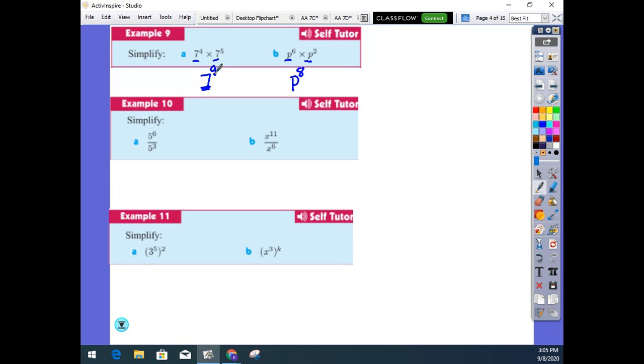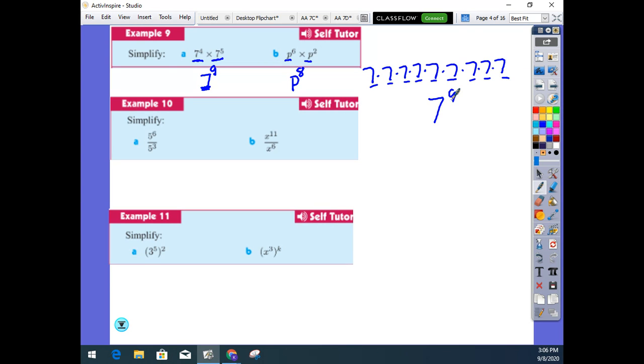And if it's not making sense, this is saying there are 4 7s. Then I'm multiplying another 5. So how many 7s are there altogether? 9. So whatever is the same stays the same.